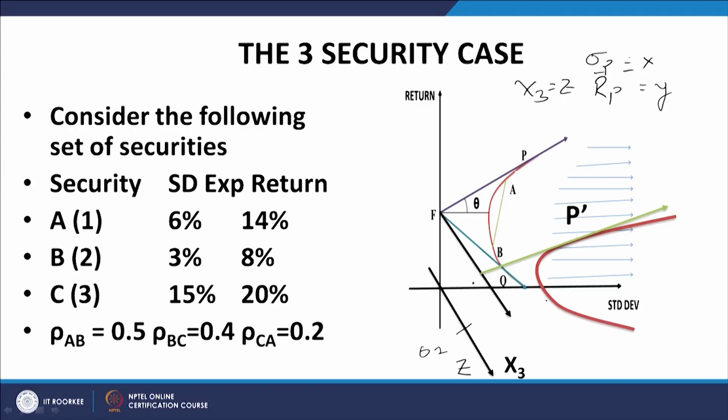That means I take x 3 equal to 0.2 and I plot the risk return of x 1 and x 2 in terms of sigma and r. x 1 and x 2 have already been eliminated. So, I get a curve between r and sigma by putting a value of x 3 equal to 0.2. Now, that curve is a hyperbola like this.